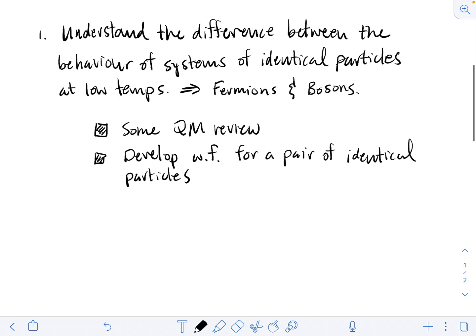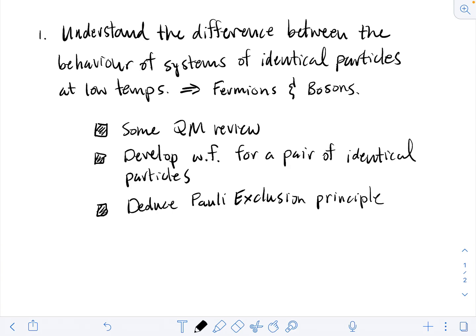What we'll see during that process is that when we develop the wave function, we'll be able to really deduce immediately the Pauli exclusion principle for fermions. And that's one of the important things that we're going to have in our toolbox for proceeding.